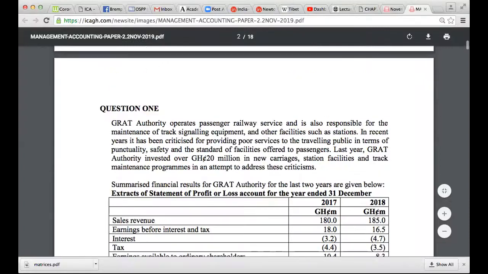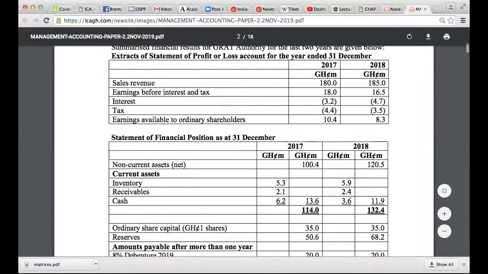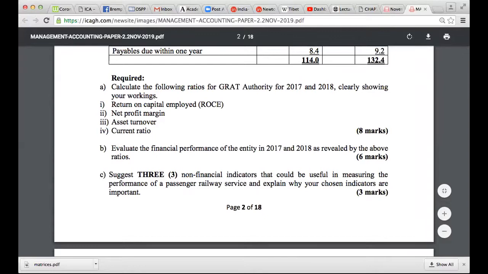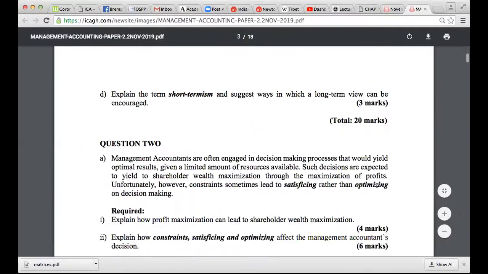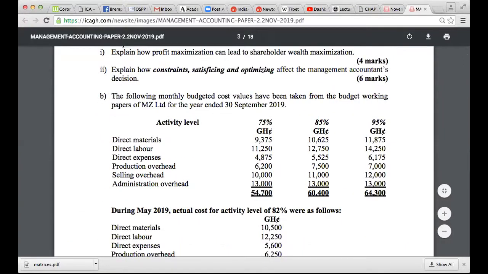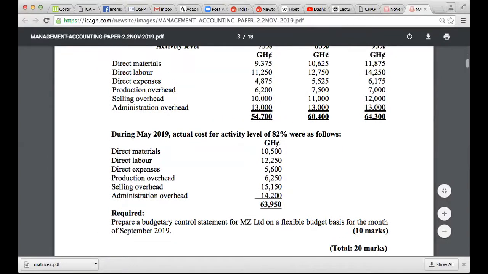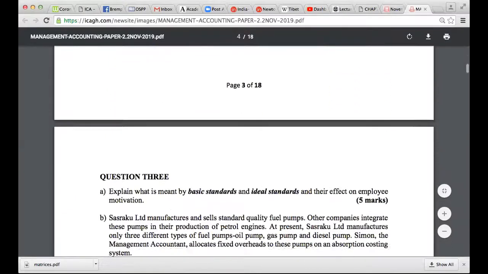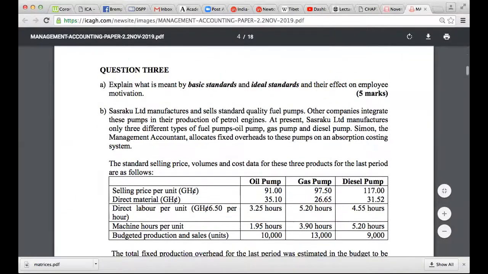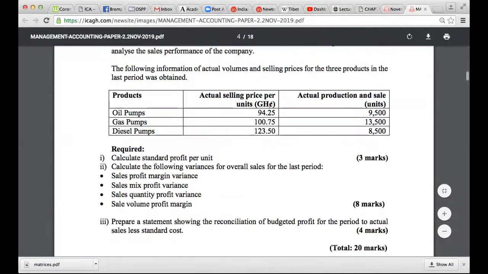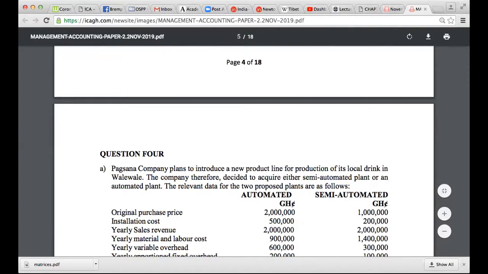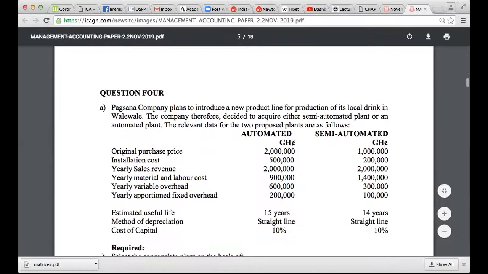We should try this. Okay, this one's very good though. Very short report. Okay, so this is the question.